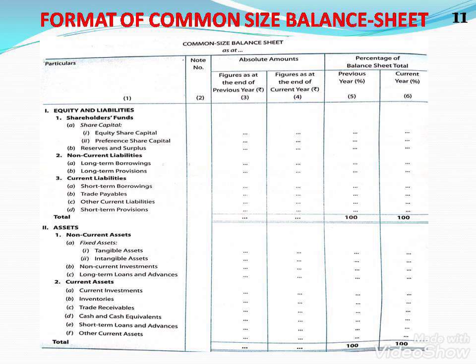Similarly, the values for the current year will be converted into percentage by taking a common factor, that is the total of assets or total of the liabilities, and that percentage will be shown in the percentage of the current year. For all the items of assets and liabilities, each and every single item will be converted into percentage by taking a common factor.